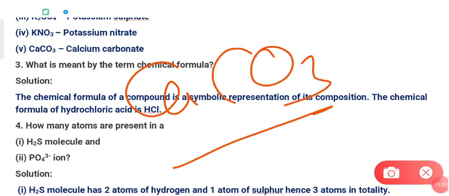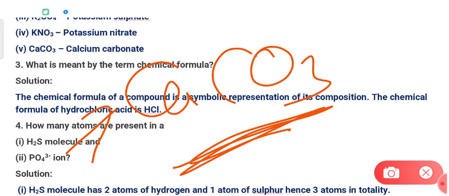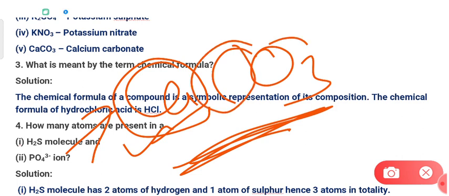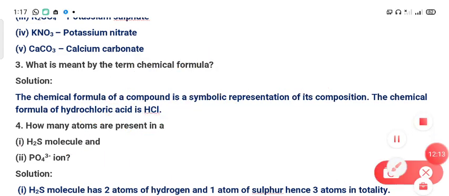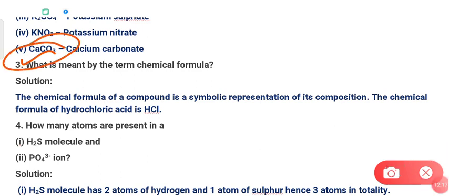This shows how one molecule of the compound is constituted or how the overall compound is composed. For example, it is showing that there is one calcium atom, one carbon atom and three oxygen atoms. So this composition is being shown by the chemical formula. We can also calculate the percentage of different elements in a particular compound by looking at the chemical formula, right?